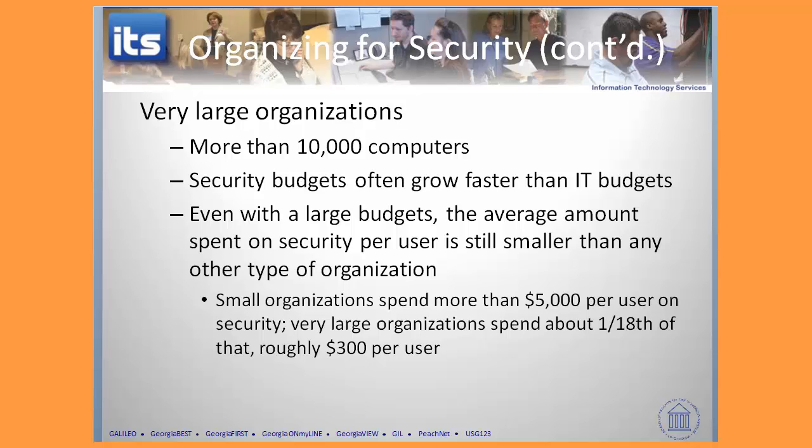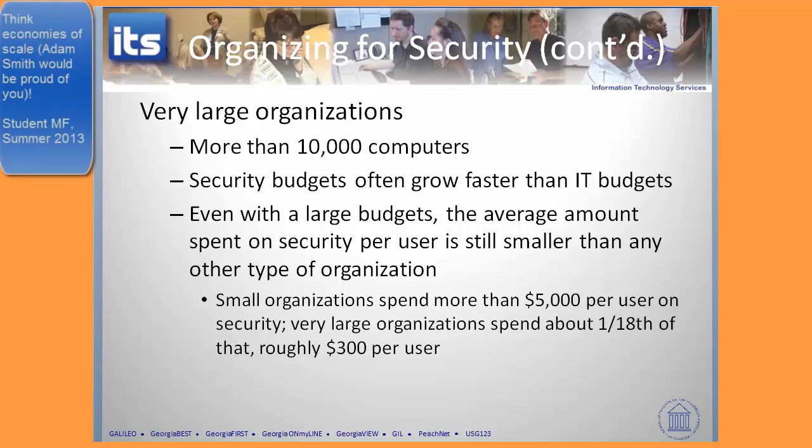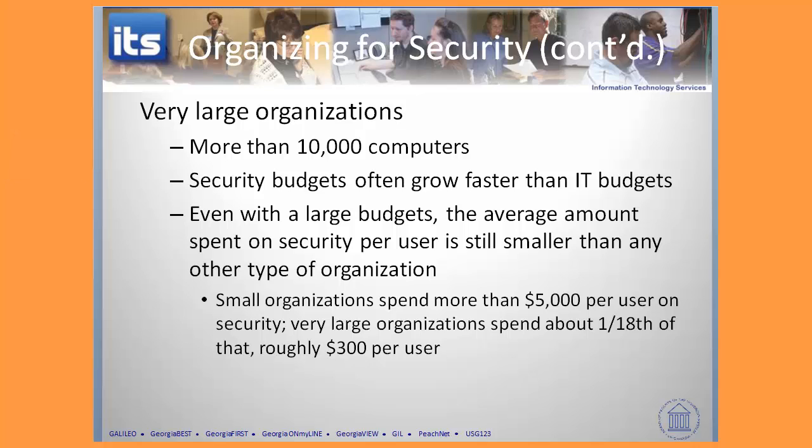You're going to have some challenges here in terms of how much money you've got and how effective you are. So you're going to have to be judicious with whatever funding you've got. Even though it looks on paper like you've got a lot of money, you don't have a lot of money compared to what smaller organizations may be doing. But you should be able to realize some economy of scale associated with deploying security to that very large group.